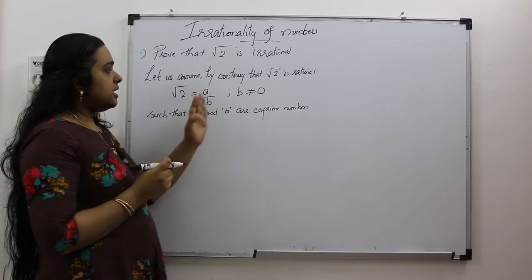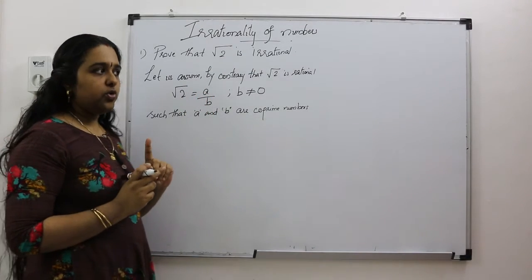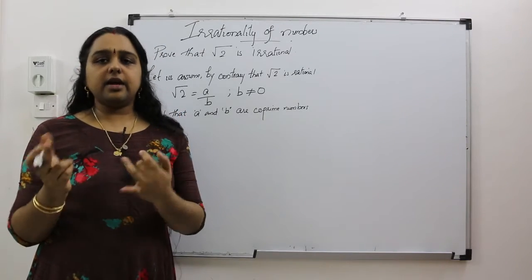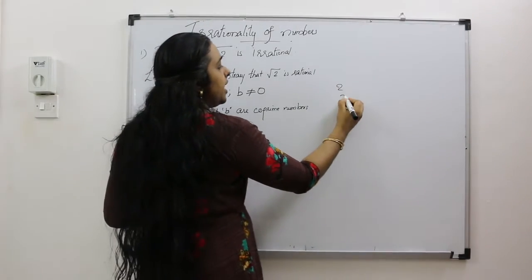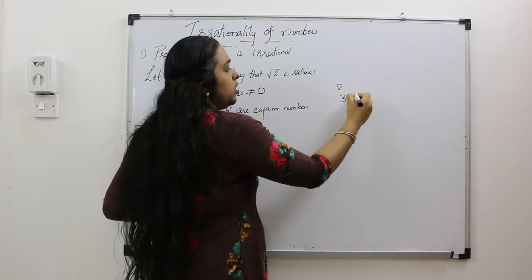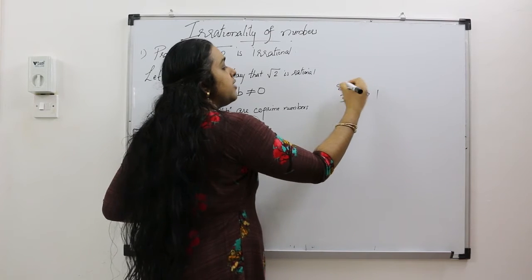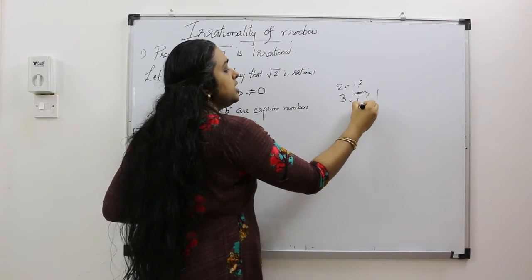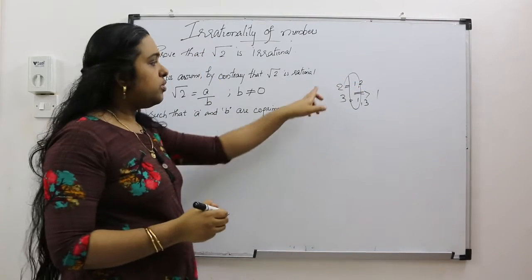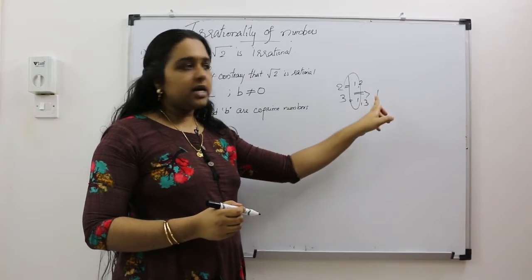Co-prime means a and b have only one common factor, that is 1. We know prime numbers have only two factors, 1 and that number. For example, take 2 and 3. The factors of 2 are 1 and 2, and for 3 they are 1 and 3. Which factor is common in these two? Only 1. So 2 and 3 are co-prime numbers since they have only one common factor, that is 1.